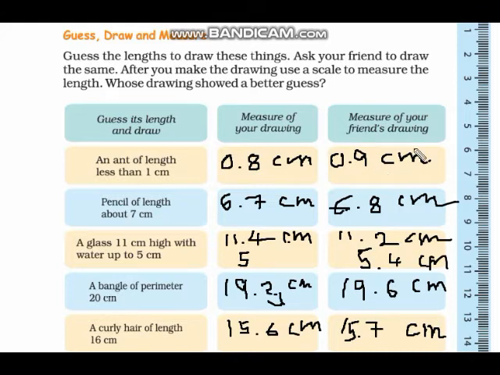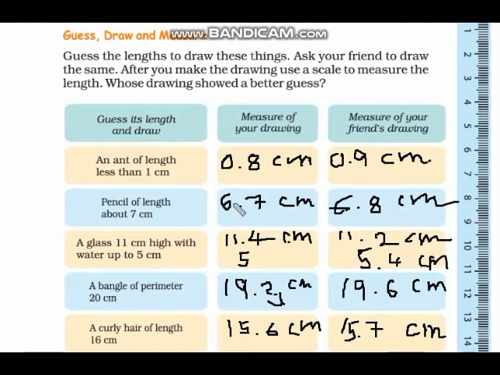So whose measure is nearer to the actual length? 1 centimeter, your friend's. So here your friend's drawing showed a better guess. Like that, here also a pencil of length about 7 centimeter. First you have guessed its length as 7 centimeter.